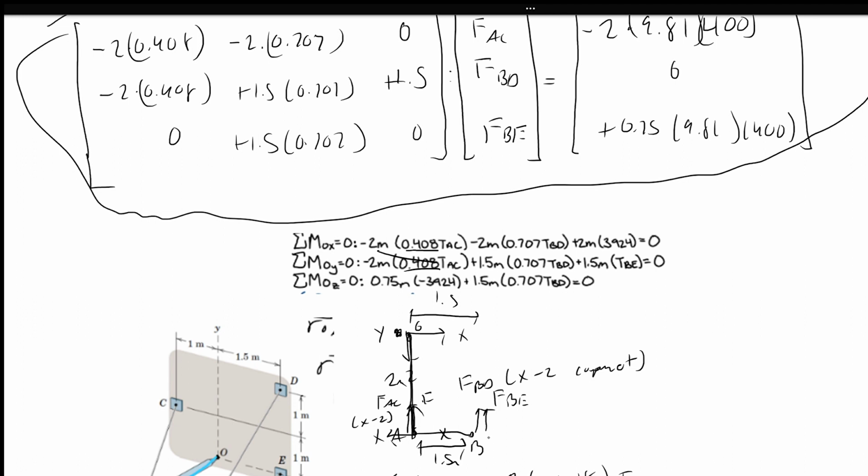There's no x component to either of these forces, so we need the z components for each of them. So the 1.5 times 0.707 TBD, this is the z component. And if you do r crossed with F, it'll come out of the plane, so it's positive. That's this one, and then the same thing for this 1.5 times TB is entirely in the plane, so plus 1.5 TB. And technically that's the z component too.